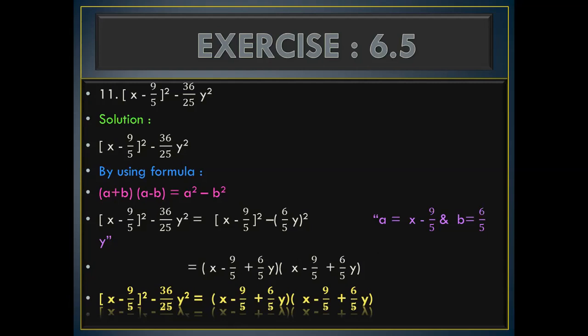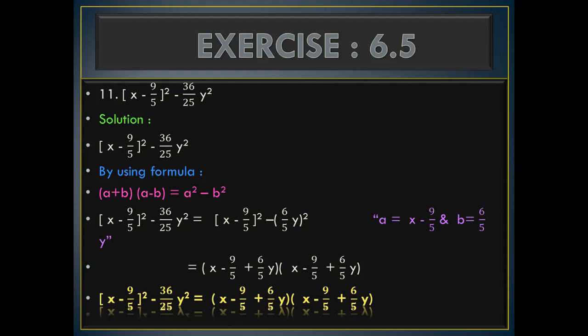6 over 5 y. Yes, now we put the formula a plus b and a minus b. Because our first term is x minus 9 over 5, no need to change the sign in any condition, either you put the positive sign or the negative sign. x minus 9 over 5 plus 6 over 5 and then x minus 9 over 5 minus 6 over 5.